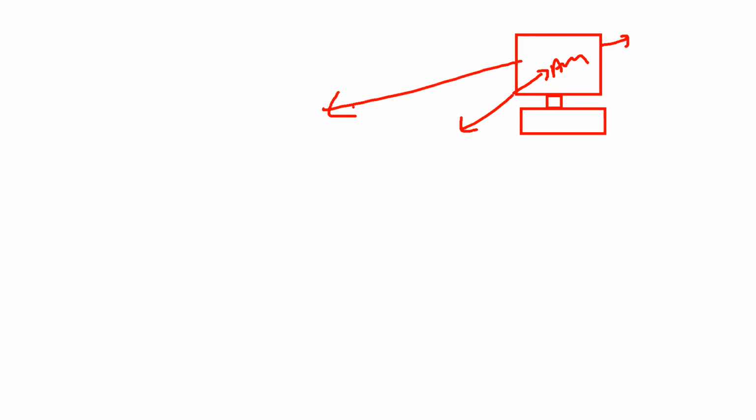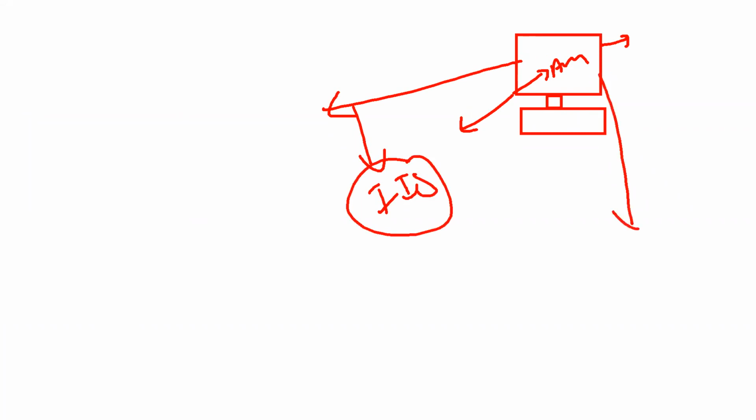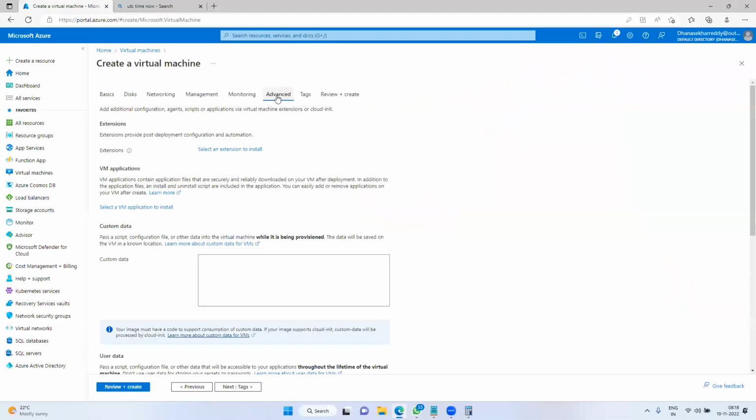If this VM should be created with the inbuilt IIS features, yes, you can provide the script. If this virtual machine should have some additional monitoring tools, yes, you can enable those monitoring tools. That is what advanced settings are.